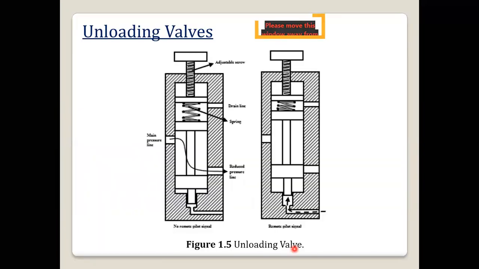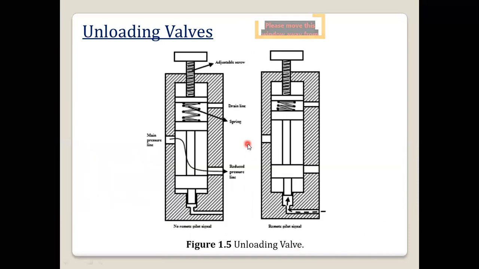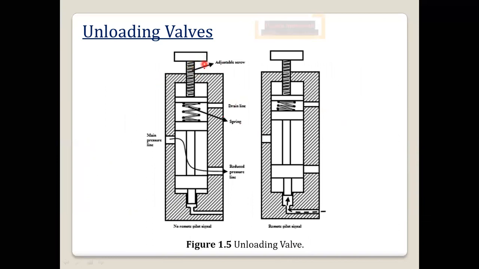So that we will see here in the diagram. Again, the presetting can be done by adjusting the screw. That means it will have a range, like the spring setting of 100 to 200 bar.